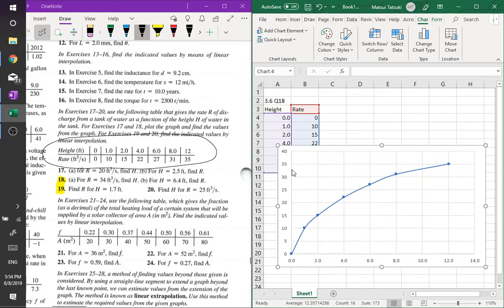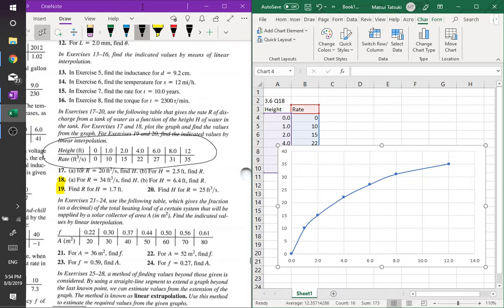So when rate is 34, somewhere above 30 but a little less than 35, it's somewhere around here. Where does this line hit the x coordinate? The point is missing, but it looks like when y is 34, x is 10.0. So that's the answer for question 18.